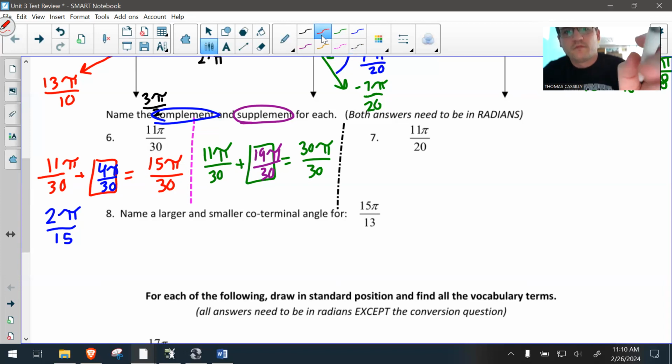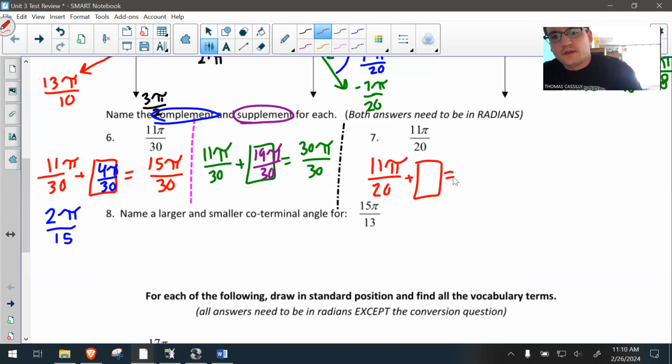So 11 pi over 20 plus something gets us 10 pi over 20. It's got to get us halfway to a whole thing. So what is that going to be? That is negative 1 pi over 20. Let's do it again now with the supplement.